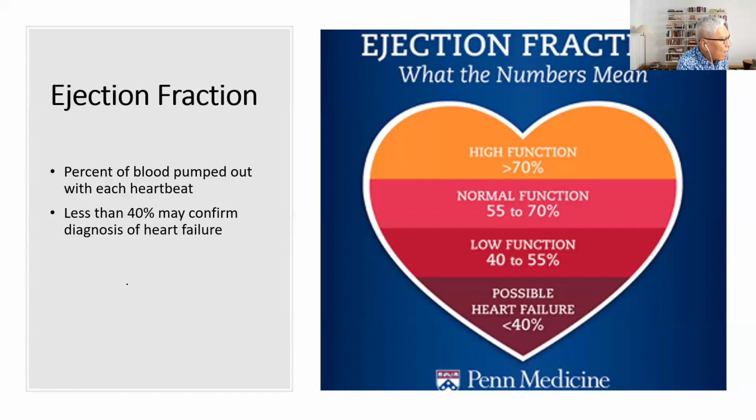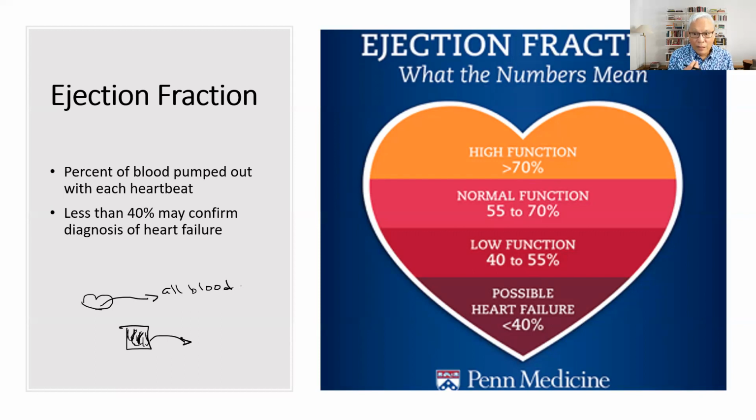Another idea that needs to be said is the concept of ejection fraction. When I was young, I thought that when the heart contracts, it ejects all the blood contained in the left ventricle, for example, or in the right ventricle. Well, that is not true. When it contracts, it only actually ejects 55% to 70% of its volume.